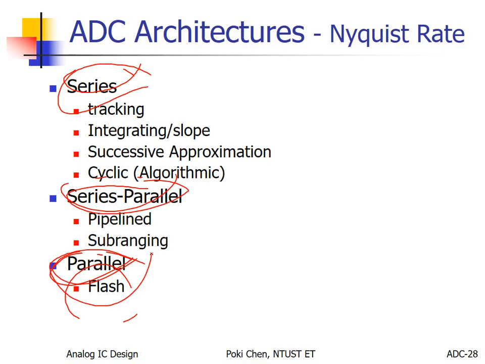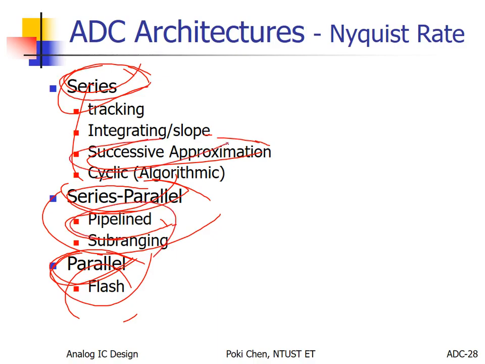You need to pay for chip area and usually also power. Okay, so how to compromise between series and parallel? Maybe this is also the reason why pipeline and successive approximation are the fastest in series operation. And this is the reason why we focus very much on pipeline and SAR.